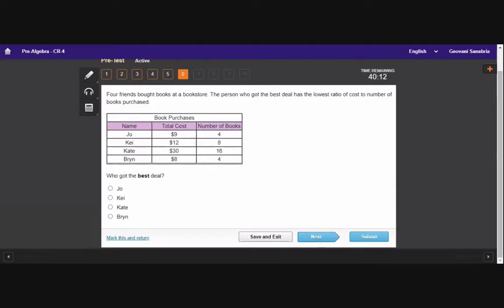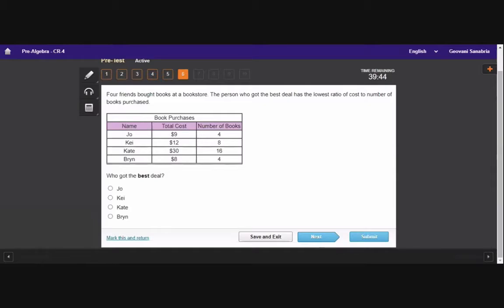I got Brain had the lowest. What number did you get for that? It was point something. No, that's just 2 actually. Yeah, you're doing $8 divided by 4 books, so 8 divided by 4. So 30 divided by 16. What'd you get for that?